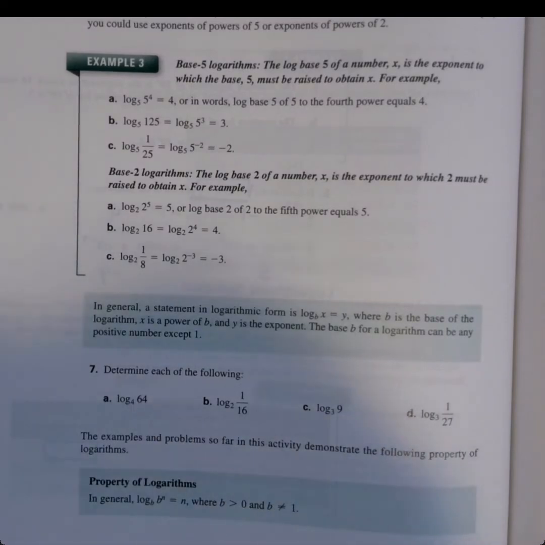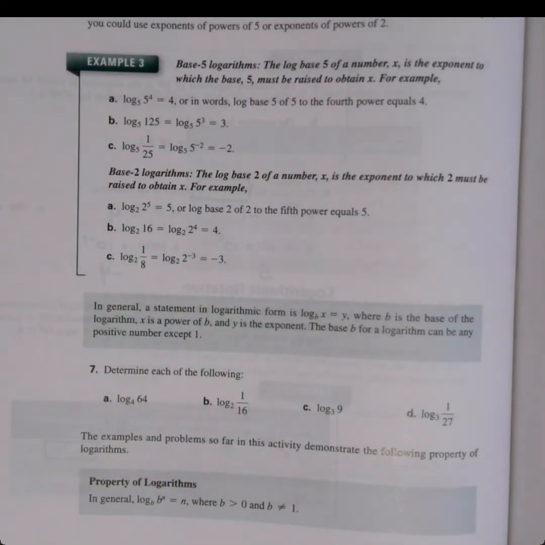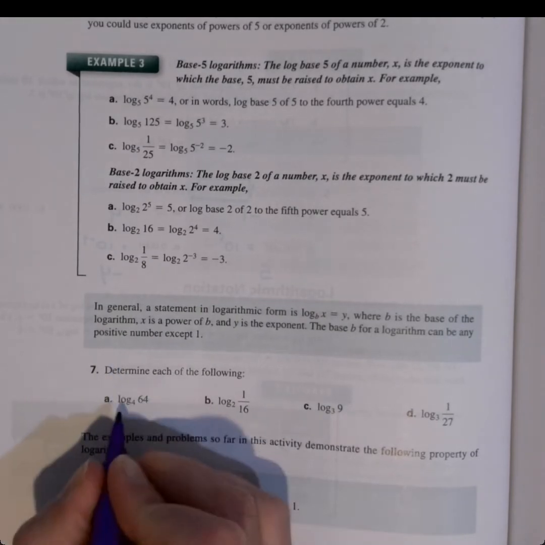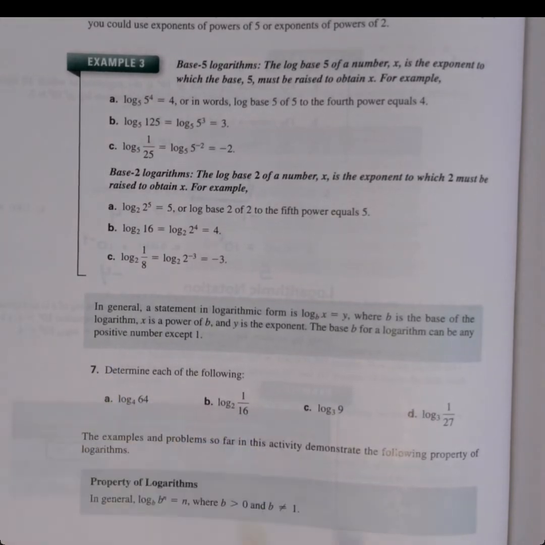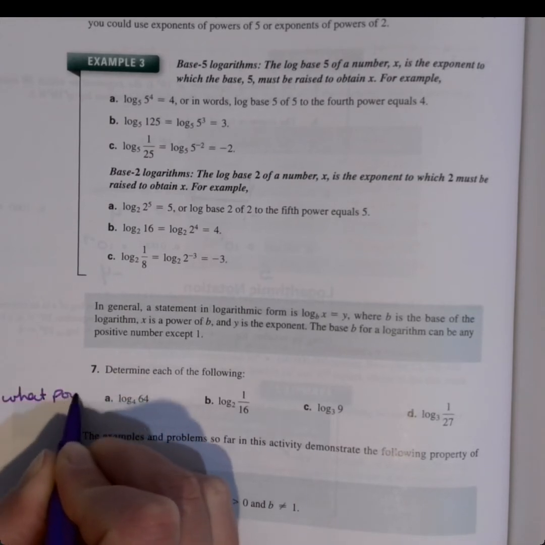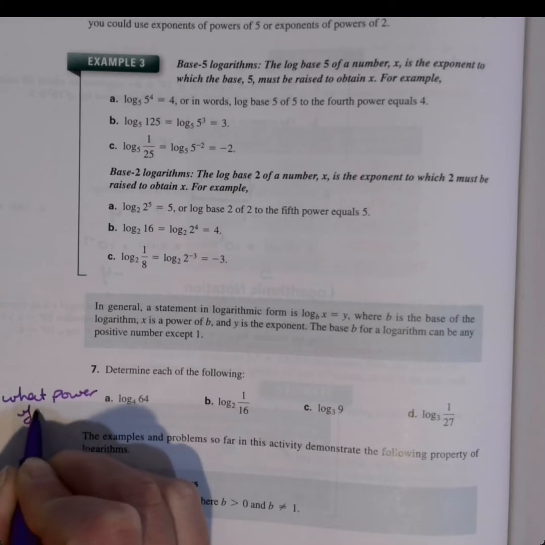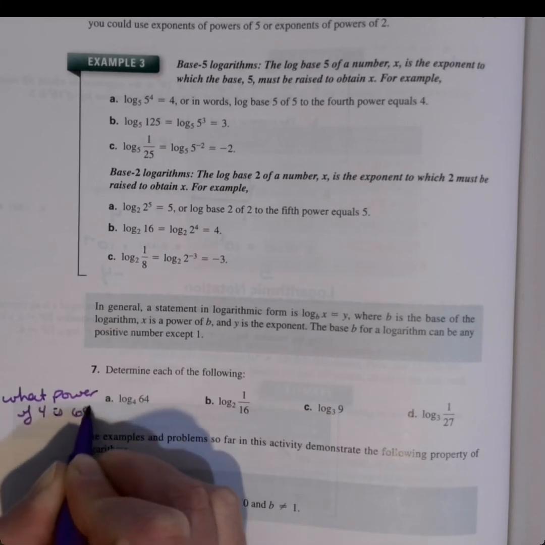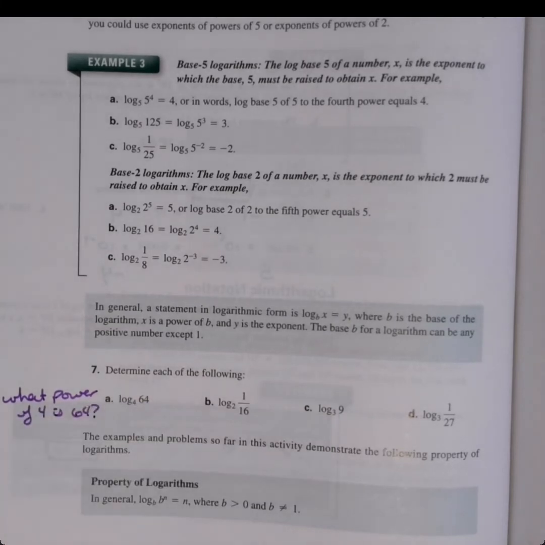Okay. So again, every time I see a logarithm like this, I am being asked a question about a power. So when I see the log base 4 of 64, this asks me what power of 4 is 64.